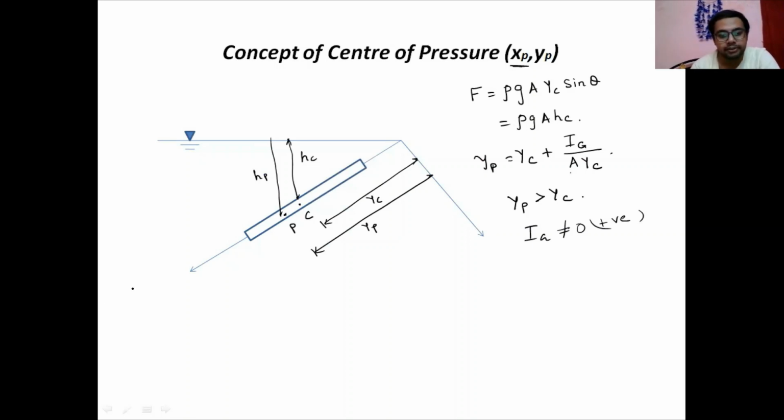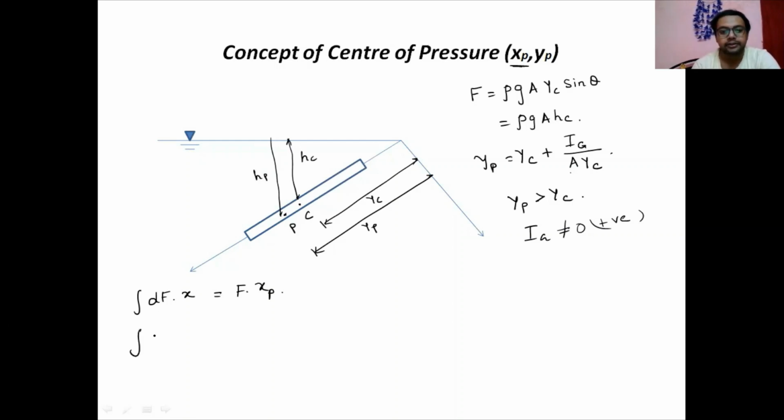So Varignon's theorem, if you remember: dF, the elemental force, was acting, and it was at a distance x from some x-axis. That should be equal to the total force into x, from Varignon's theorem.